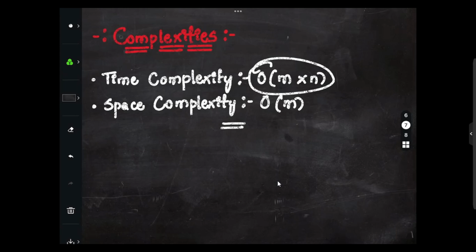Just give me a second here. So the time complexity will be big O of m into n, and the space complexity will be big O of m for the code that we will be writing, right? So I hope the approach part and the complexities part is completely clear.